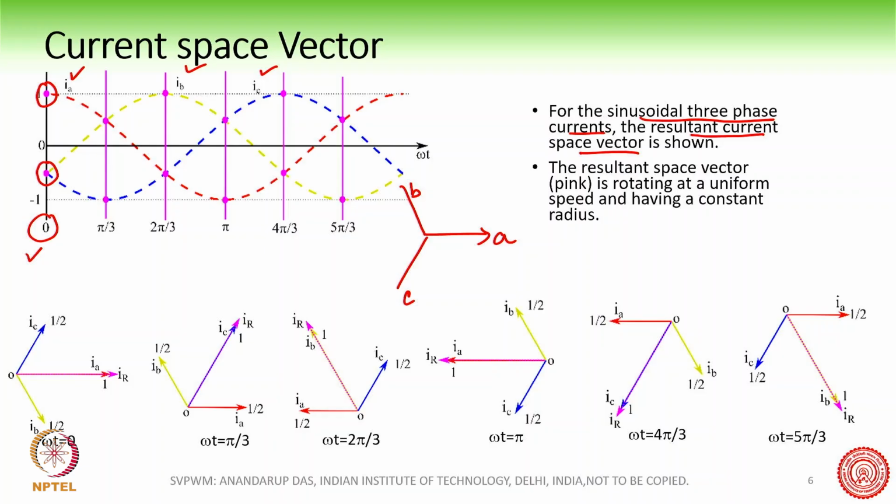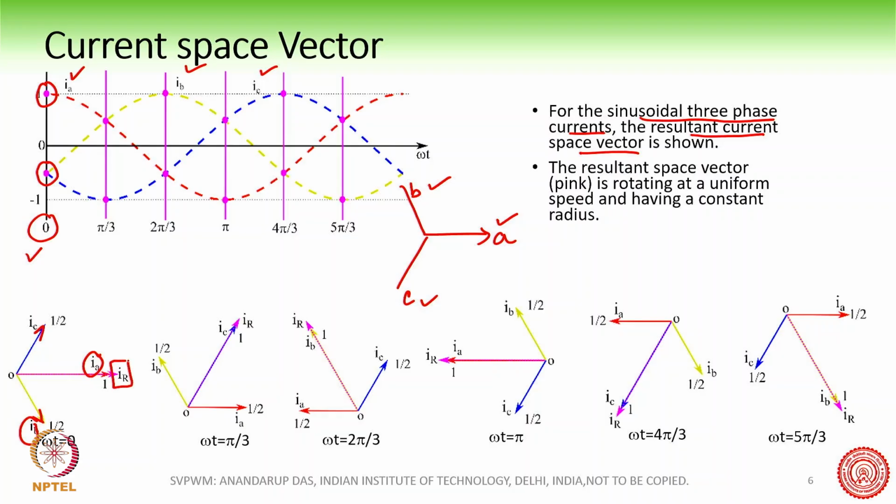So on this A axis, I have drawn IA of magnitude 1, and on the B and C phase axes, IB is equal to minus half, so it is drawn in this way, and IC is minus half, so it is drawn the other way. Remember, here are the A, B and C axes. So IA equal to 1, IB equal to minus half, and IC equal to minus half. When you do the vector addition of these quantities, what do you get?